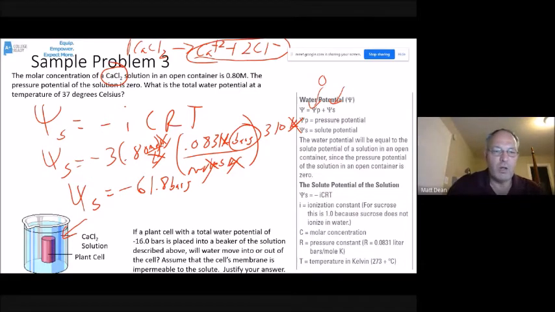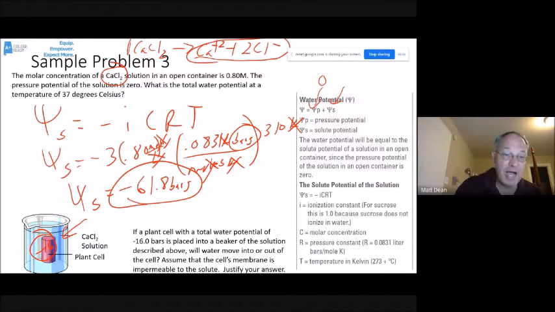So once again, we put a cell with a total water potential of -16 in there. Once again, this number, -16, is bigger than -61. So water is going to move out of the cell from higher water potential to lower water potential. And this cell again would plasmolyze.